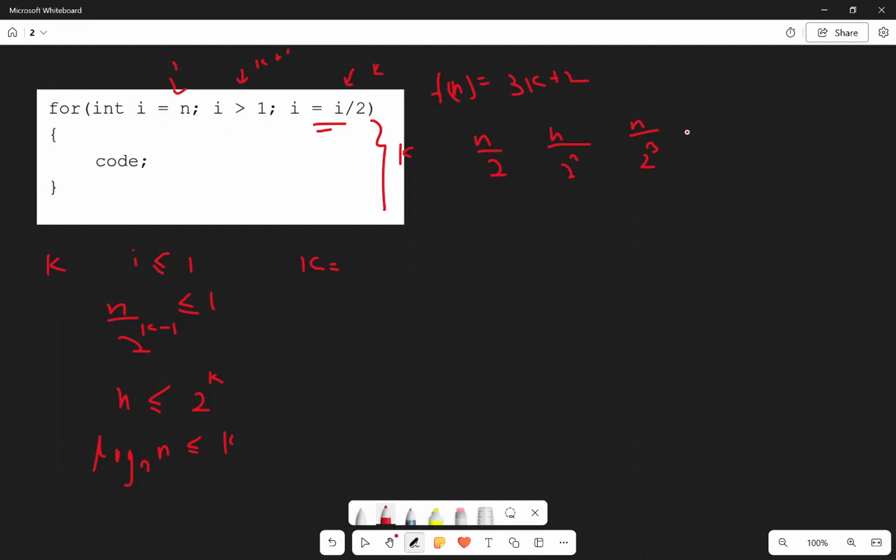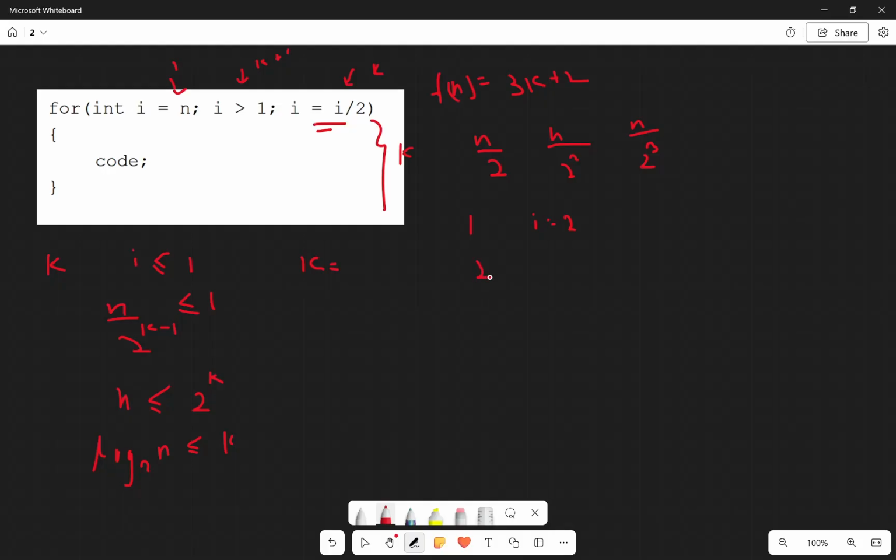So how this goes is, in the first iteration, i's value is n. After the body gets executed the first time, it gets divided by 2.